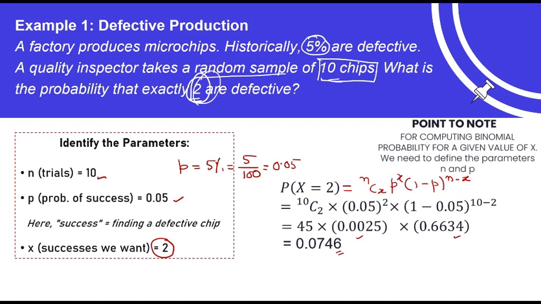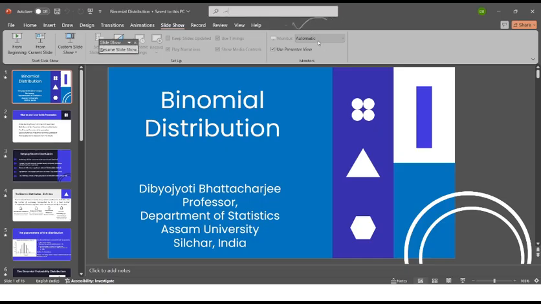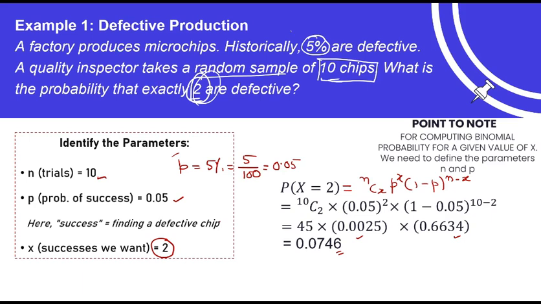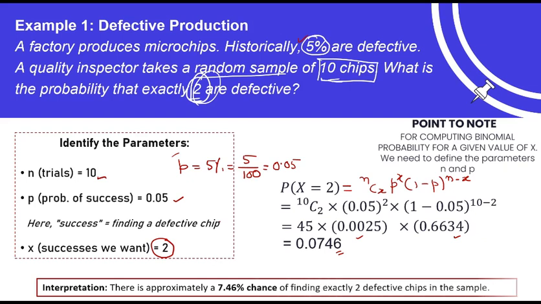What does it mean? Sometimes we express probability in percentage, as you have seen in this question, where they expressed it as a percentage. Sometimes we want the result in percentage because it is easier to understand. So multiply this probability by 100.